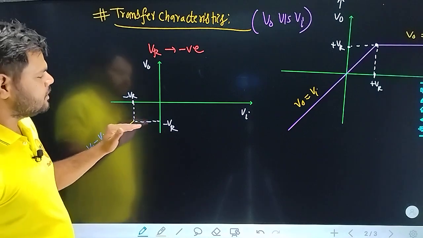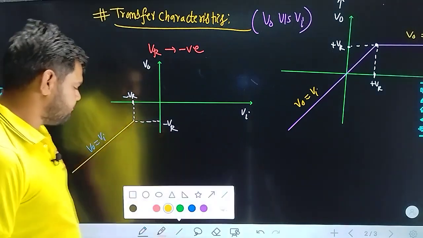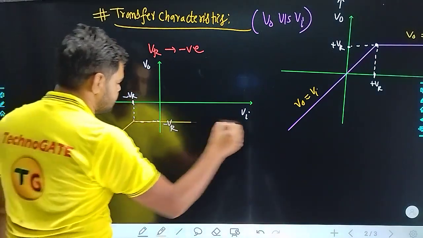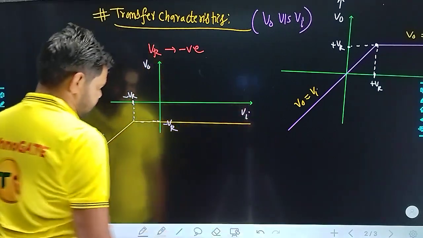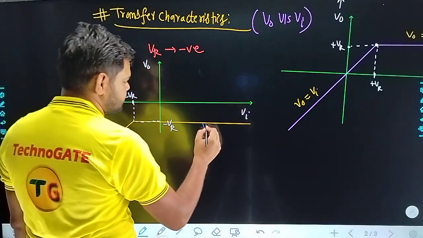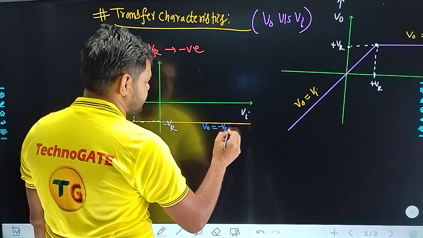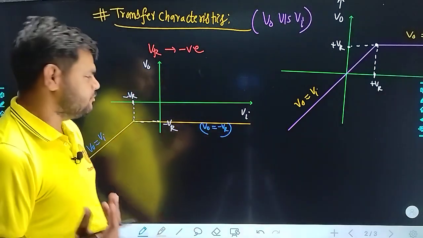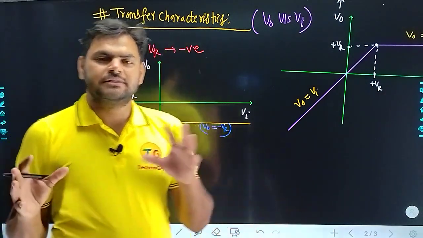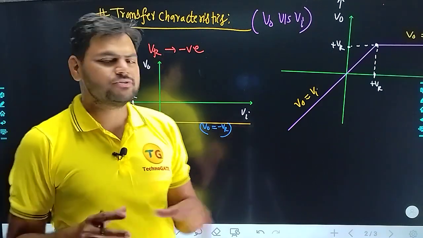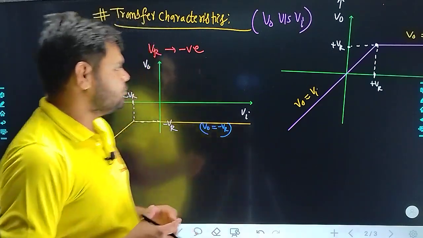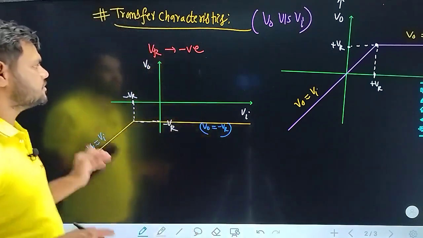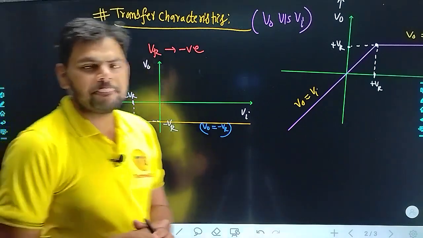Once the input reaches the V reference level, our output becomes constant at V reference. So in this condition, our output becomes minus V reference. Whatever its numerical value, that is not the challenge. The thing is how the circuit is actually behaving. Have we noted this discussion? Please note this discussion for the V reference negative also.